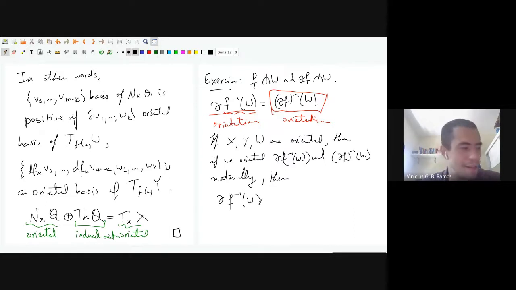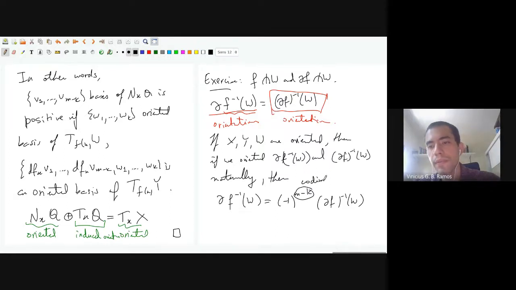There will be a sign, and the sign is (-1) to the m minus k, where this is the codimension of W.